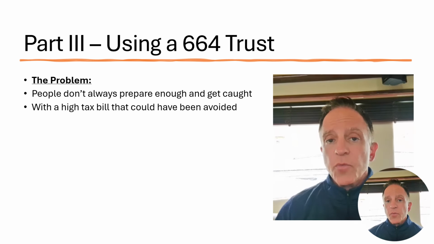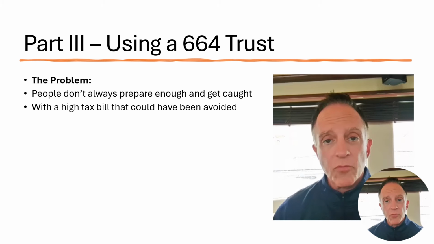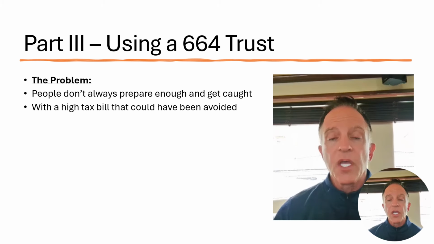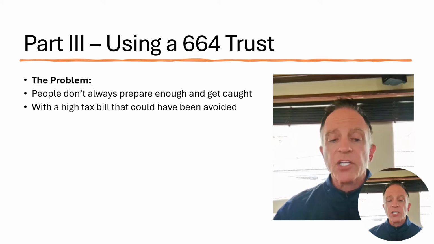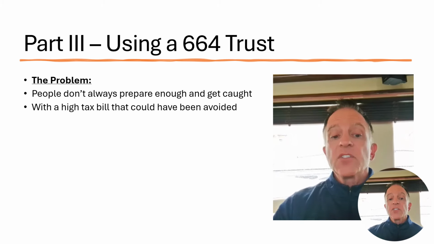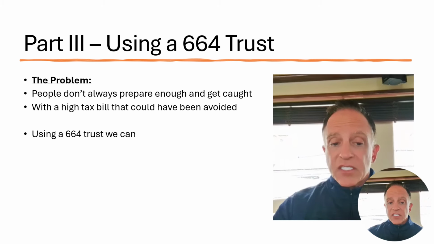Had you called us, we could have maneuvered that through a rental property exchange system, even though it was your personal rental property or your personal residence. So in short, if you have somebody like us, make sure that you're working with them before you make any transactions, because this is why sometimes the only way we can save people's bacon is by the 664 trust.